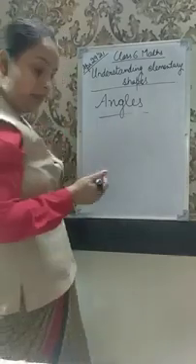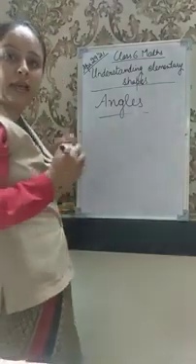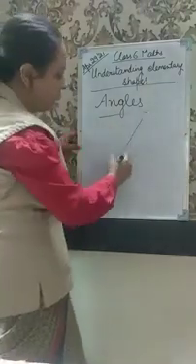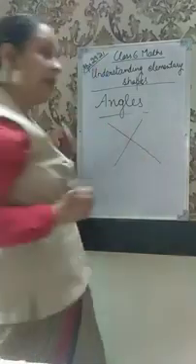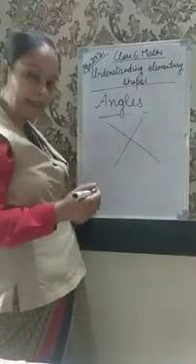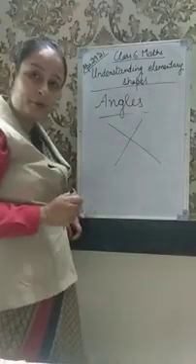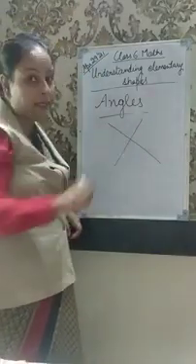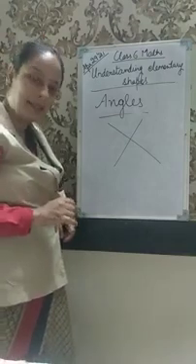Now we next move to angles only. Suppose we have two line segments which are intersecting each other. Are they still meeting at just one point? Yes, they are still meeting at just one point, so angles are getting formed.